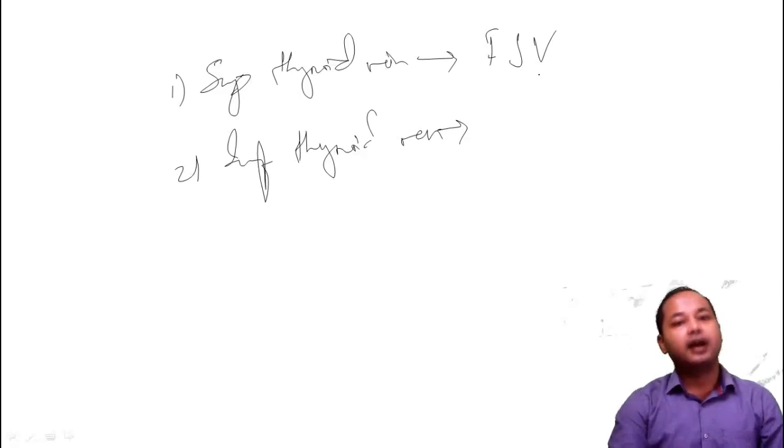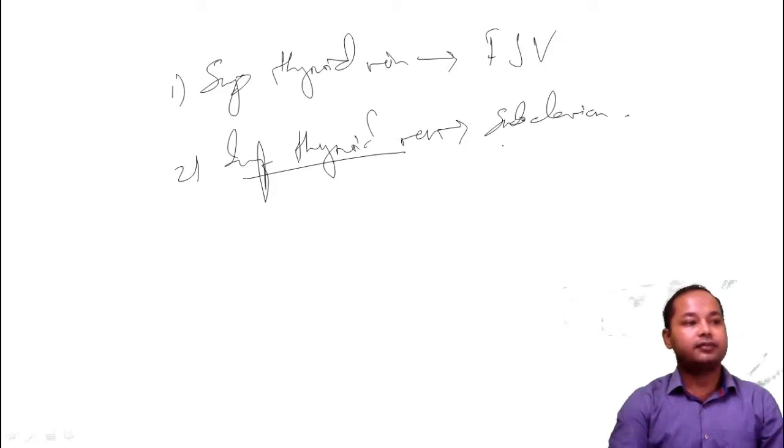There is a vein which is draining the whole of the venous blood from the head and neck region. This is the internal jugular vein. And the inferior thyroid vein is directly draining into the subclavian veins. Some of the textbooks mention it is the subclavian veins.